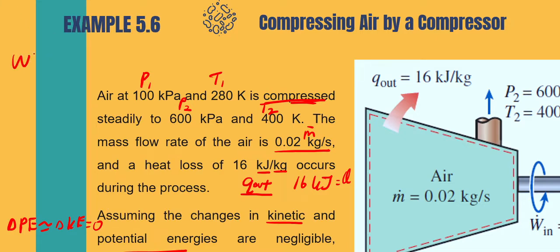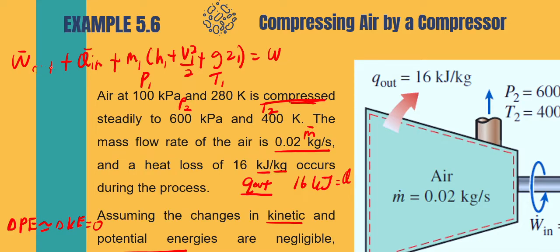So first and foremost, you need to write the general energy balance: in equals out. So Q in plus W in plus m1 (h1 plus V1 squared over 2 plus gZ1) equals W out plus Q out plus m out (enthalpy out plus V2 squared over 2 plus gZ2).